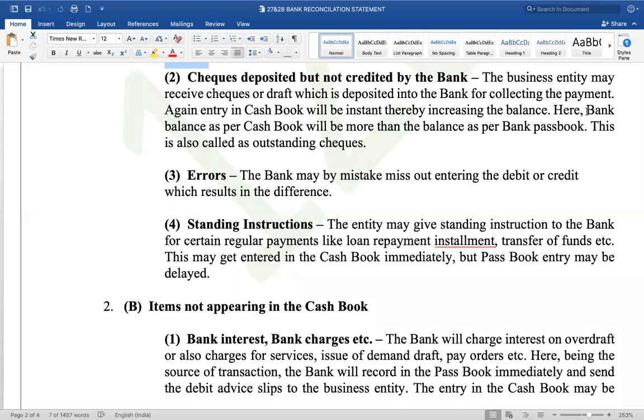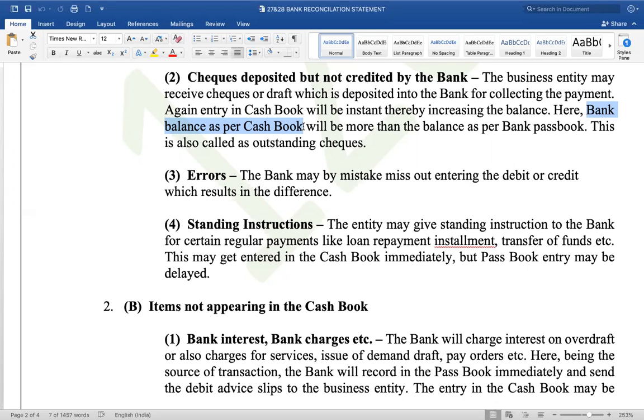Look at this. As soon as you receive a check from anybody, you sold goods and you got a check for those sales, you just record it in the bank column of the cash book and send it to the bank. Let's say you received a check of 10,000.